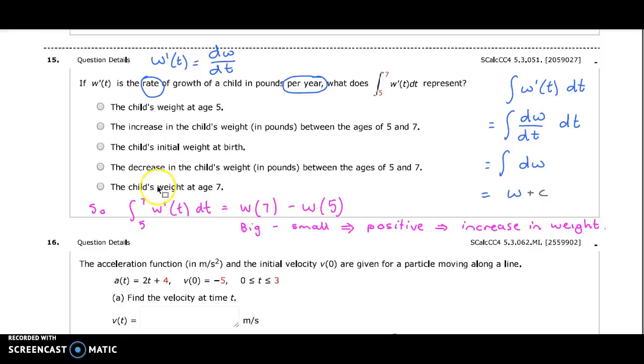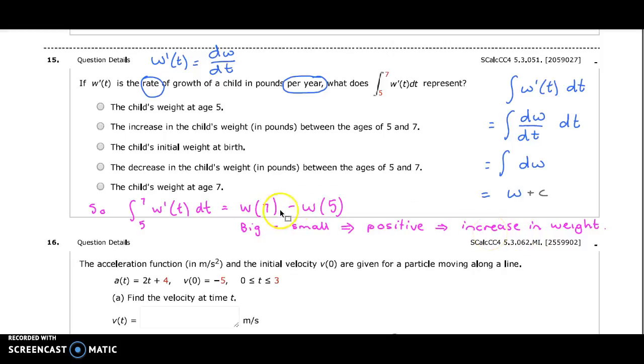If this was to be the decrease in the child's weight, then it would have been defined so that as time goes on, the value that you're looking at here is what the decrease is. But normally, if all goes well, the child's getting bigger. So we have the weight when they're 7 years old will be a bigger value compared to that, giving me a positive value, which I would then interpret as the increase in weight.